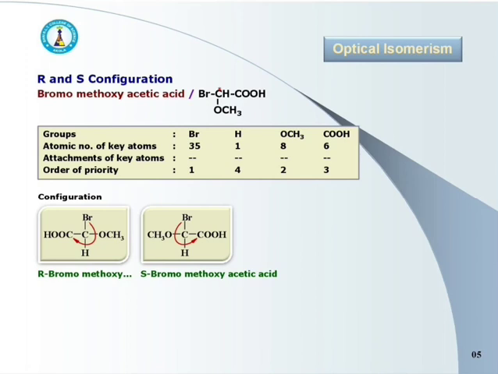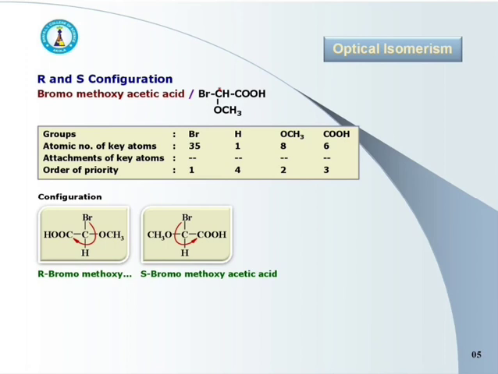The next example is bromomethoxy acetic acid. Its molecular formula is BrCH(OCH3)COOH. The four different groups present are Br, H, OCH3 and COOH. The key atoms of these groups are: first Br, second hydrogen, the key atom of group OCH3 is oxygen, and the key atom of group COOH is carbon.